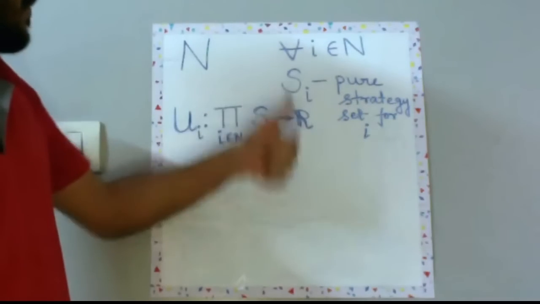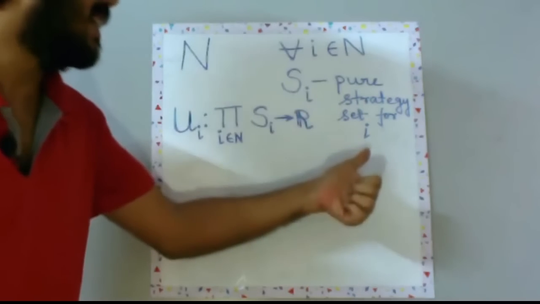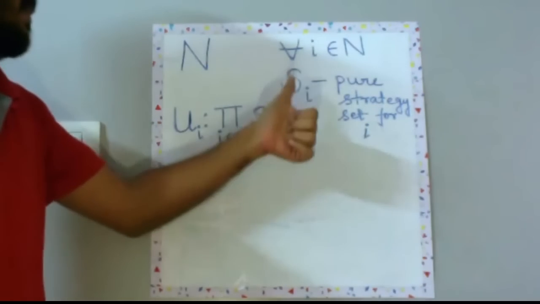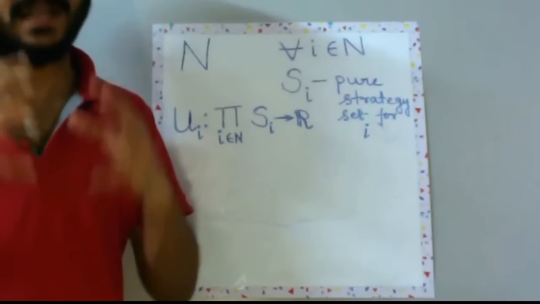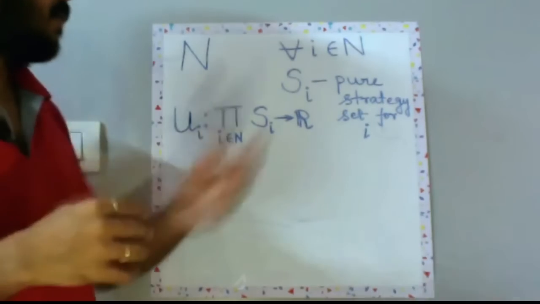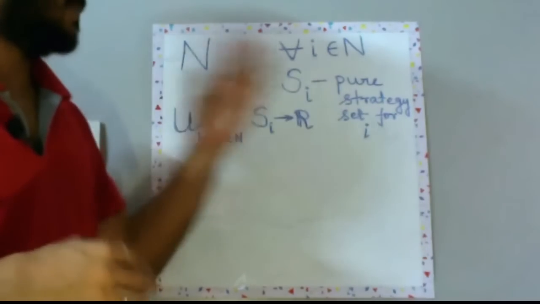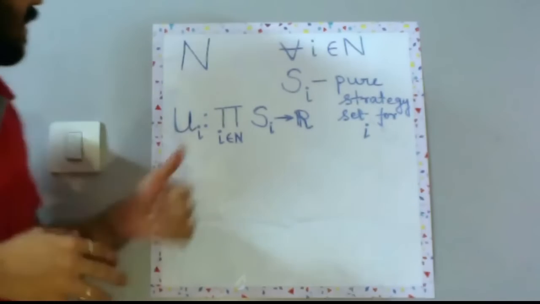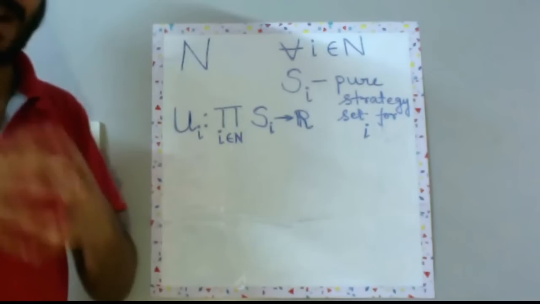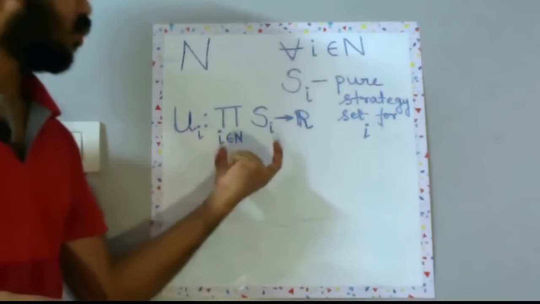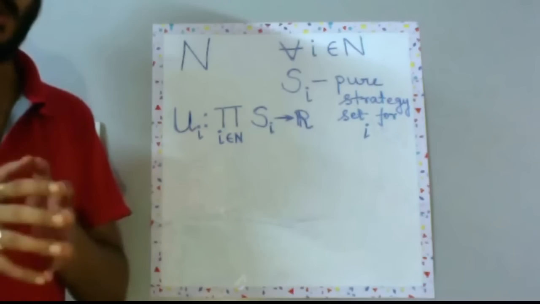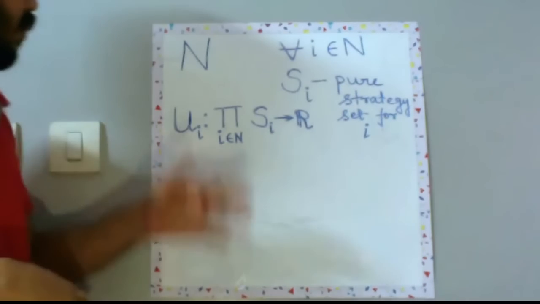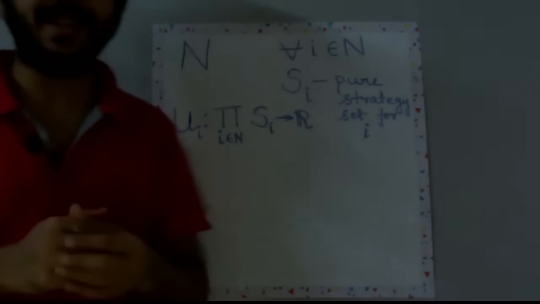Now if you have player i, for player i, capital S_i is the set of pure strategies, or rather the pure strategy set for i is capital S_i. Now what is utility for player i? For player i, utility is a mapping from the product set of strategies to the real number line. Now what do I mean by product set of strategies?